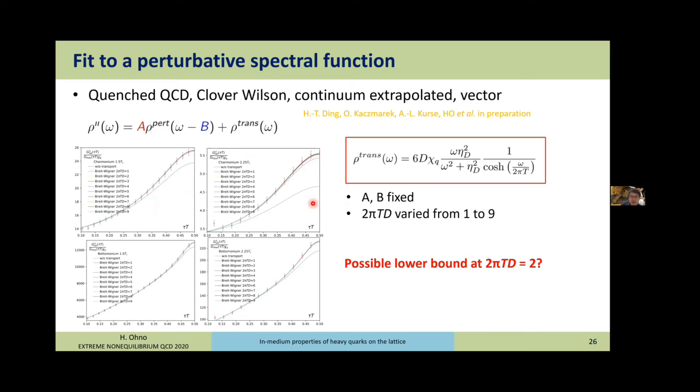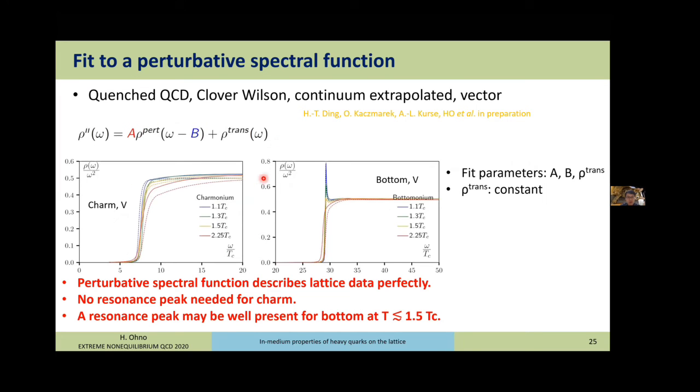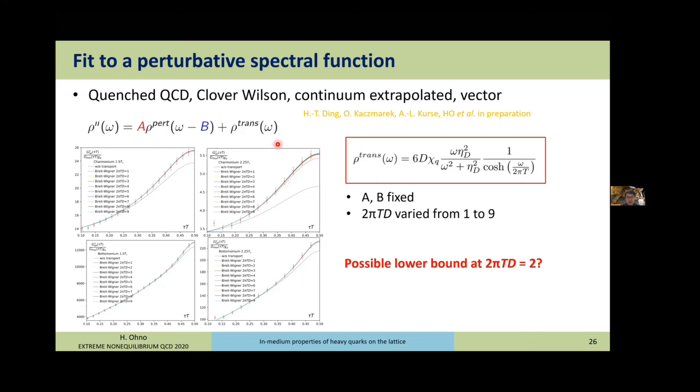Then finally, we also try to get the diffusion coefficient itself from the transport part. And this time we fix this A and B from this calculation, and we just introduce this kind of ansatz for the transport part, and we changed this D value from 1 to 9 in units of 2πTD. Then we get this kind of result.